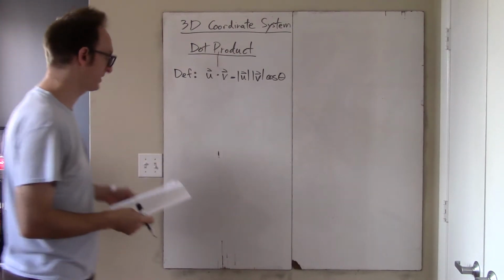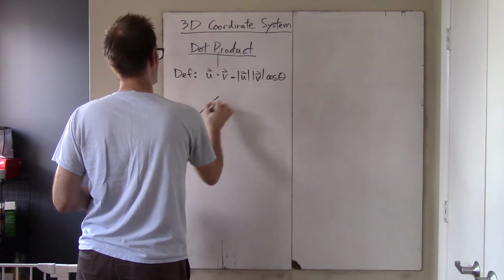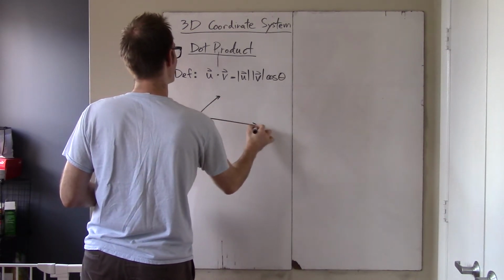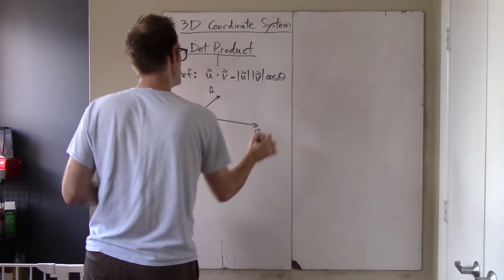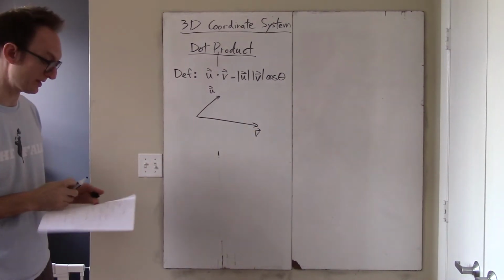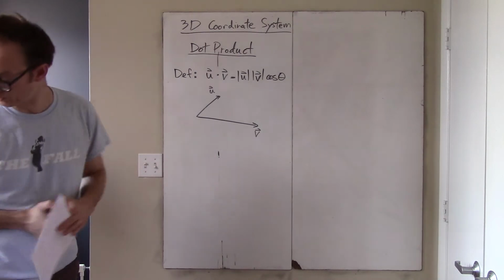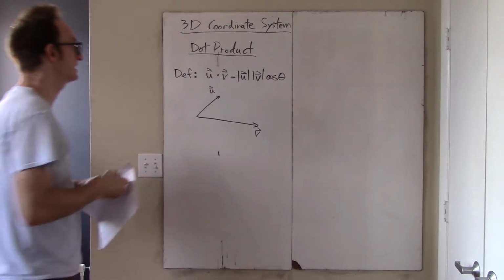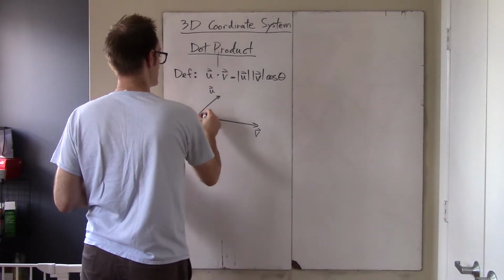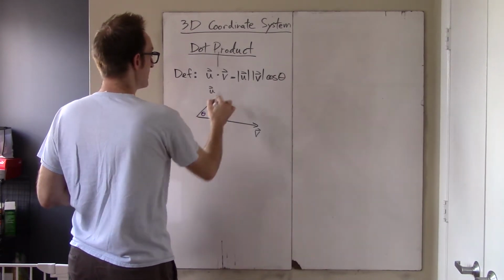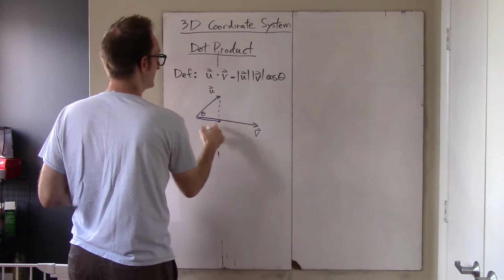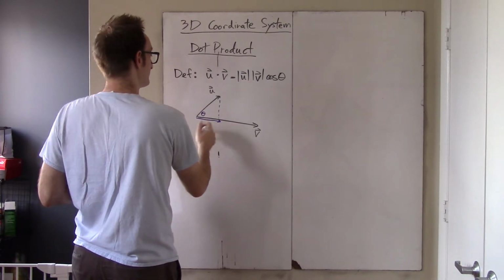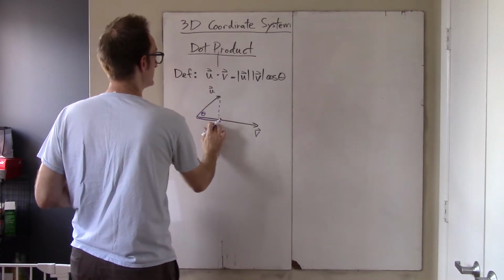What's the sort of picture here? If I have a vector u and some vector v, then what you do is you project, and this is the angle between them. Then if you take this vector here, maybe don't even think of it as a vector.